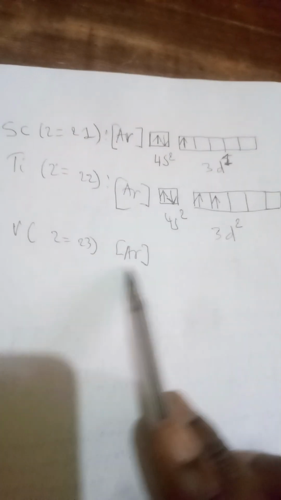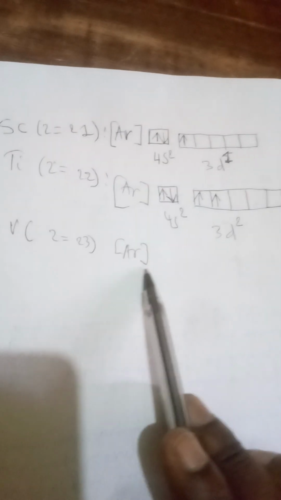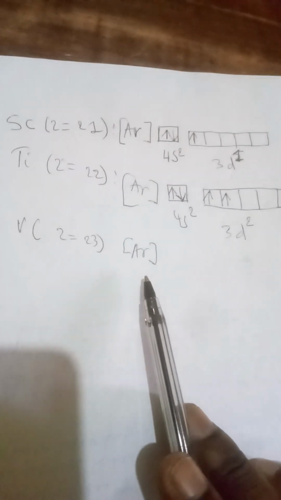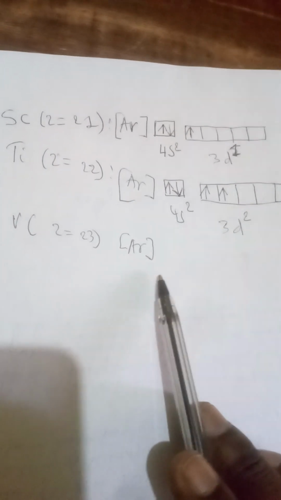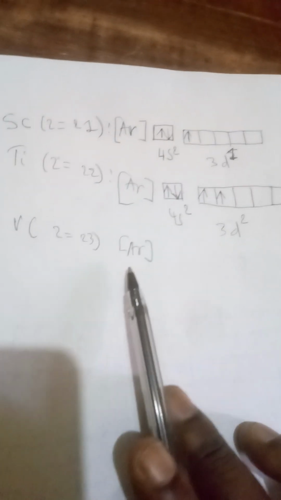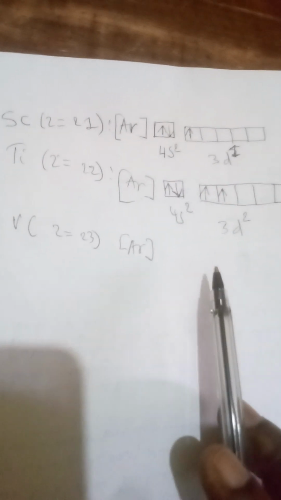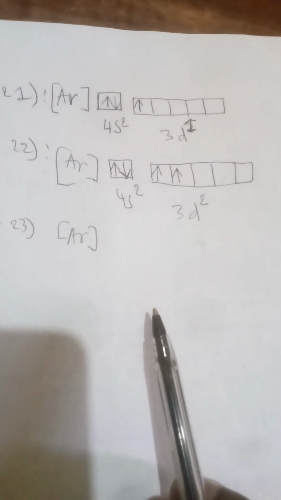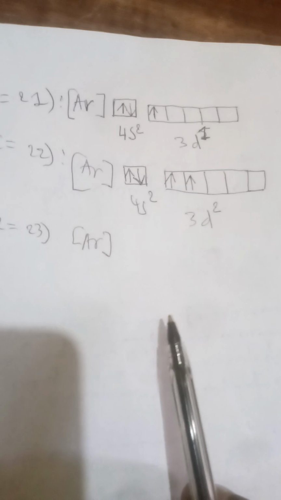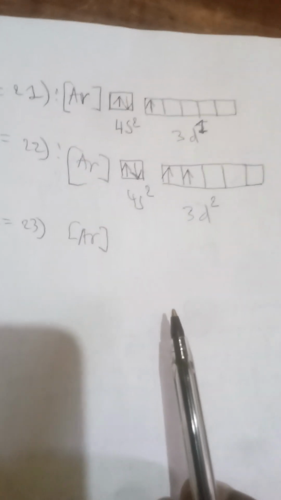You have to display even the configuration of argon: 1s2, 2s2, 2p6, 3s2, 3p6, equal to 18. For transition, in order to save time, this notation is called condensed electronic configuration, using the configuration of the nearest noble gas. When you are doing exercises, because you want to save time, you can use this.